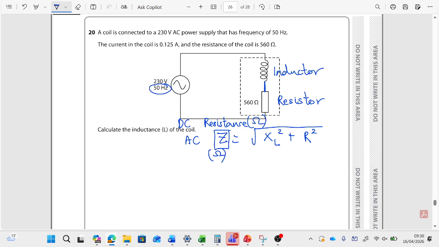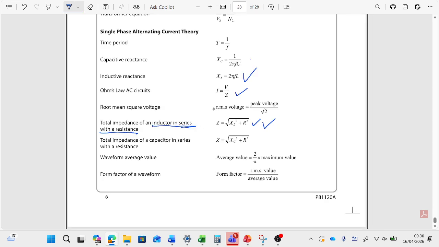Okay, so now looking back, I like to look back in reverse order. I look at what is asked to be calculated first, then I work out what needs to be done. So if I want to find the inductance, I can see from the formula sheets that 2 pi FL is equal to the reactance.